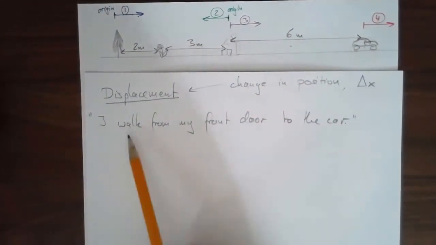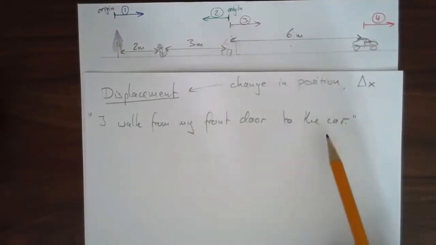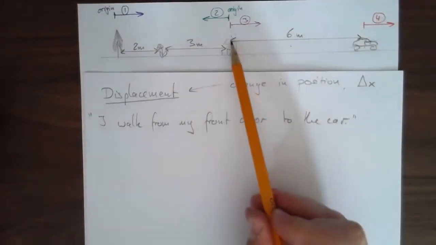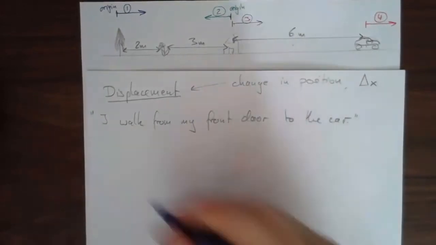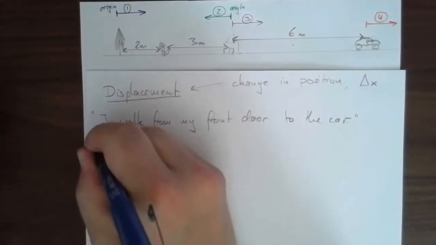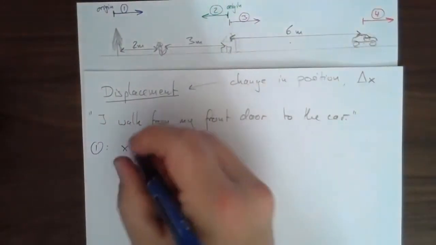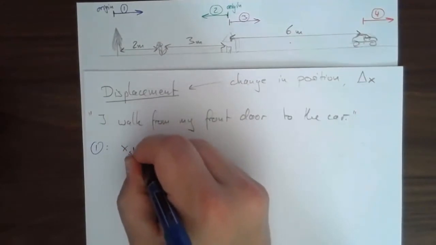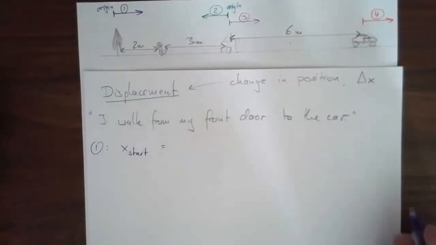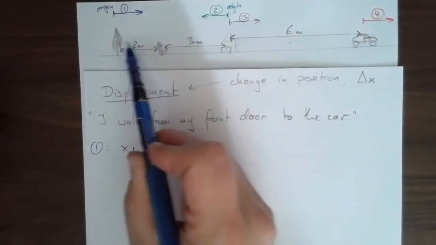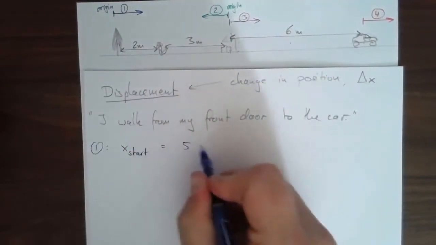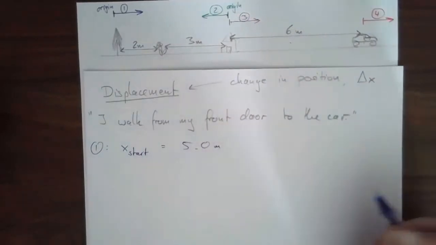So an example is, I walk from my front door to the car. What's my displacement? Well, the way I'd figure it out is I ask where do I start and where do I end. To do that I need a coordinate system, right? So in coordinate system 1, x start would be, well, this is the origin, so it's 5 meters, so I start at 5 meters.